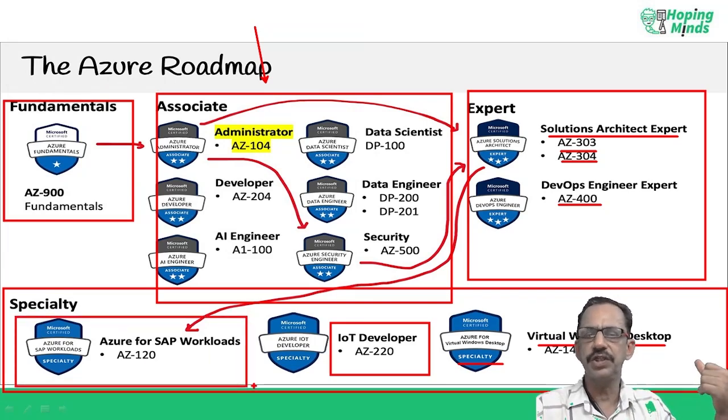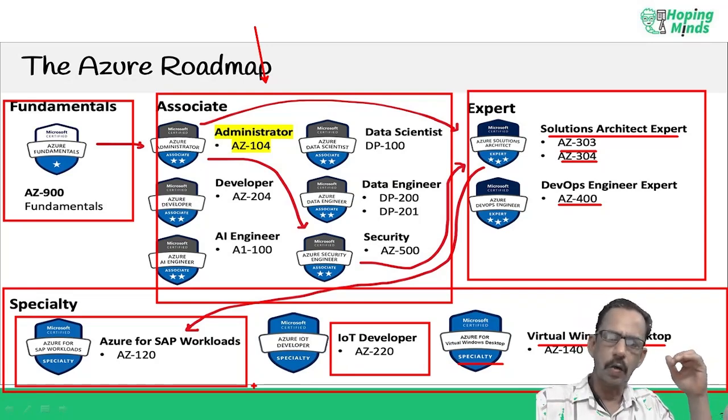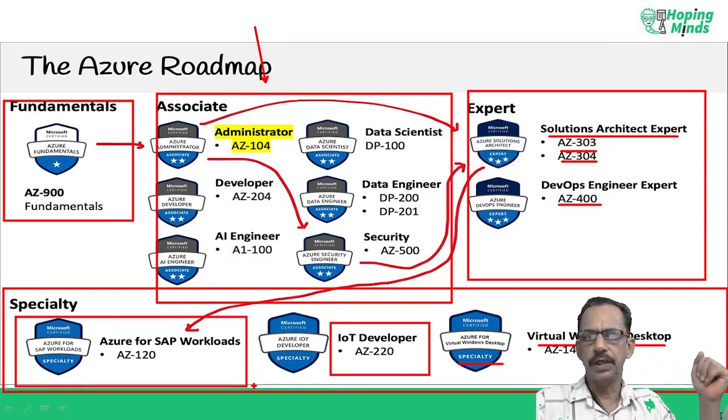That is at the specialty level, the expert top level certification. First is the fundamental level, then the associate level, then the expert level, and then you can go for any specialty. So this is the roadmap for Azure.